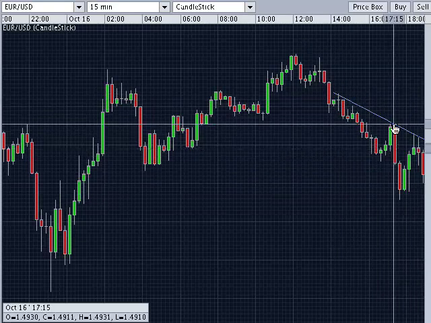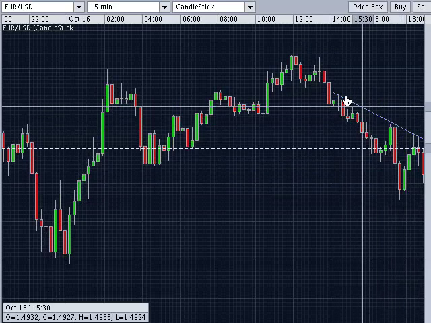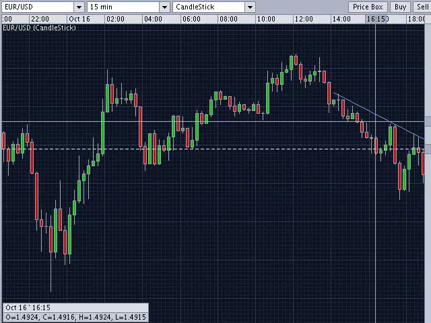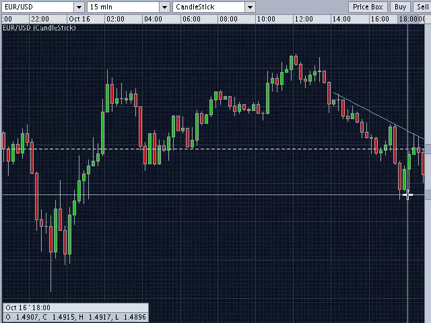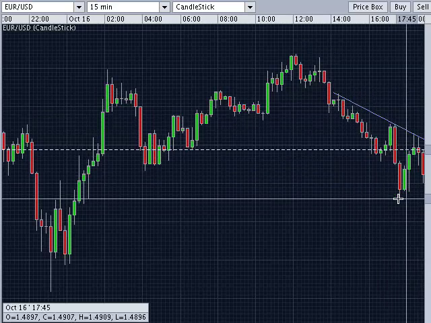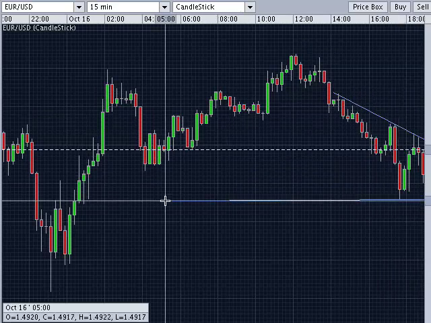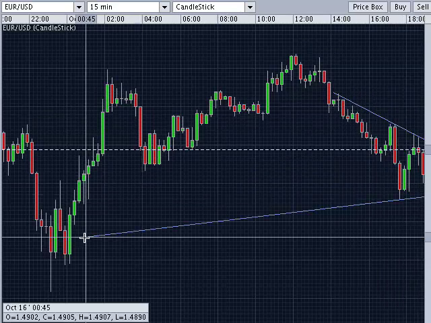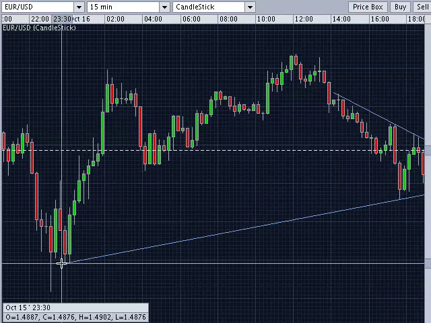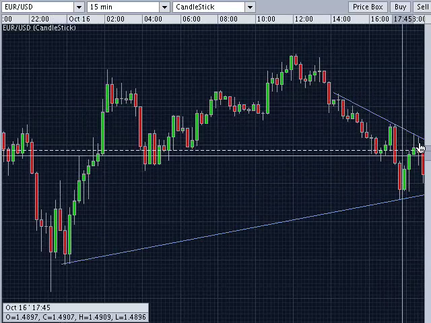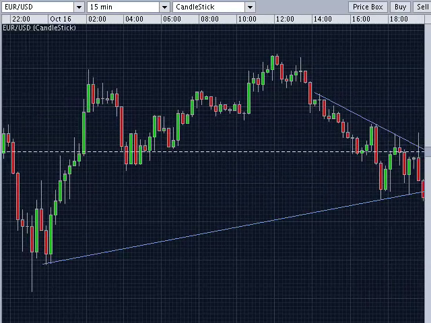So we've got a fractal there, up to the next highest fractal to the left of it, which is there, and you can see extended through that comes to there. So that's a reasonable trend line. And drawing our lower trend line, we've got a low fractal there, and moving to the left, the next lowest fractal would be this point right there. So we have our trend lines drawn.